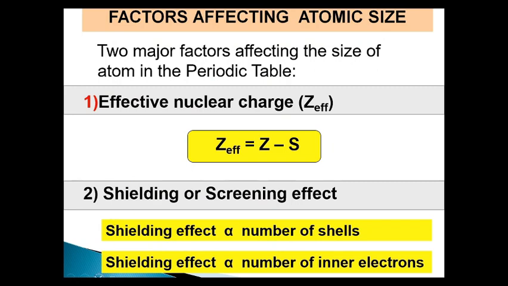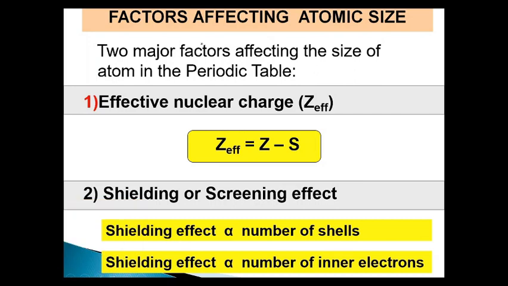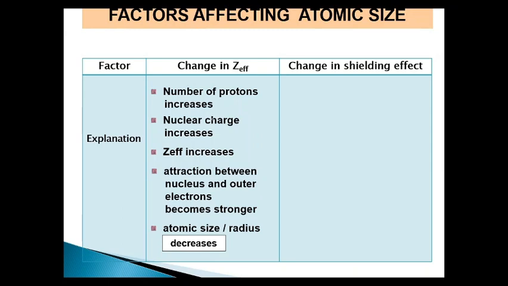So there are two factors affecting atomic size. First would be effective nuclear charge. Second would be the shielding or screening effect. For effective nuclear charge, whenever there is a change, that is when the number of protons increases, the nuclear charge will increase as well.